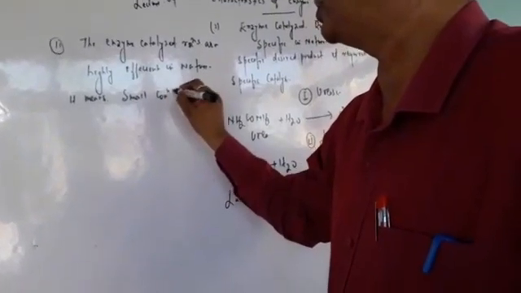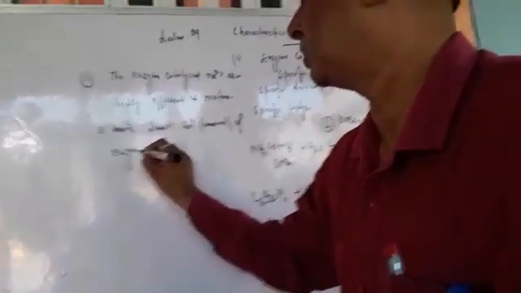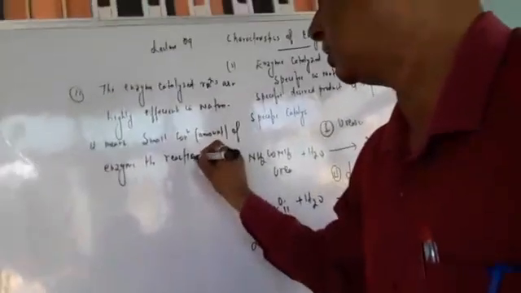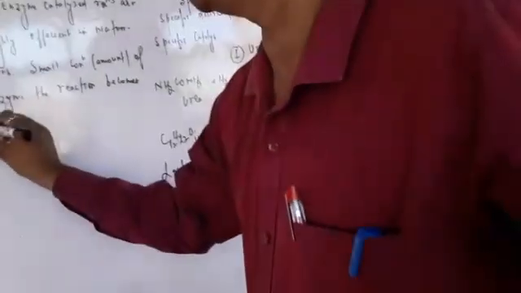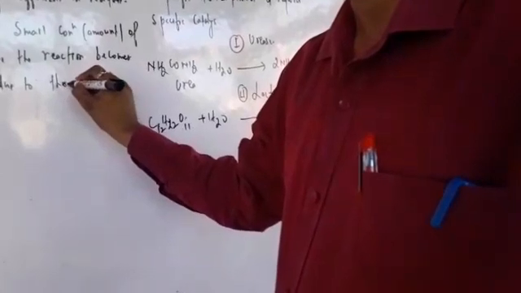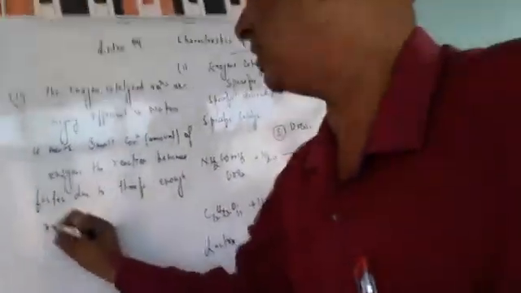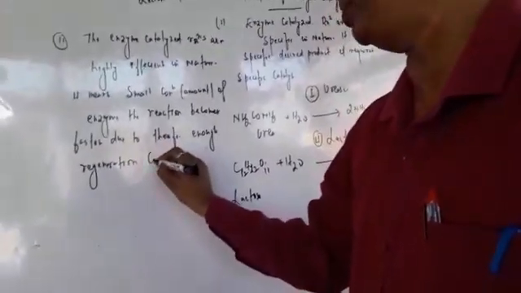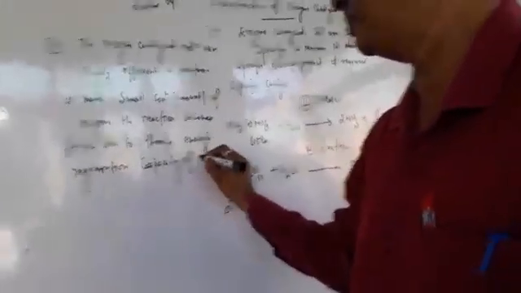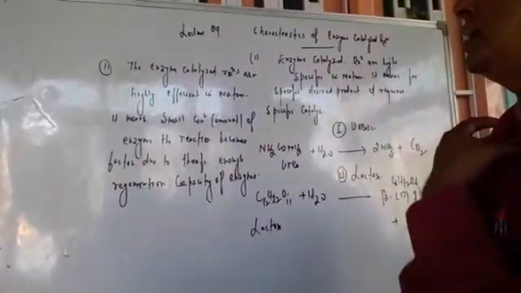It means a small concentration, that is the amount of enzyme, makes the reaction faster, because there is a strong regeneration capacity of enzymes. So, enzyme catalyzed reaction is highly efficient in nature.